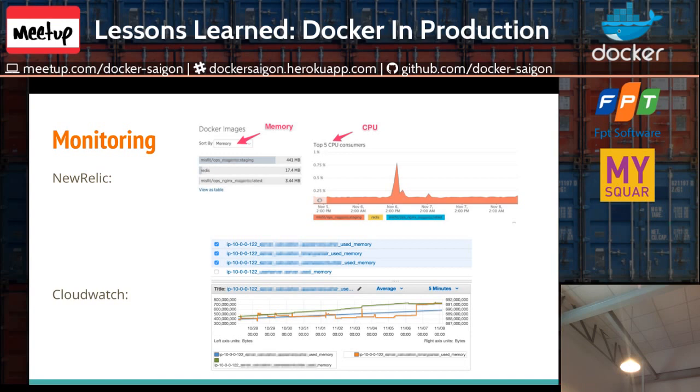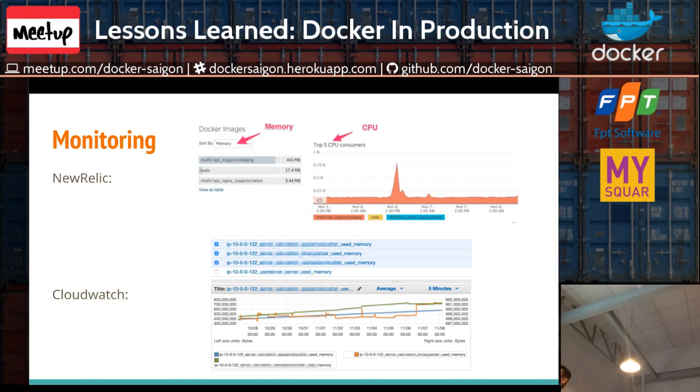In the beginning, New Relic didn't support Docker monitoring, and we used CloudWatch to monitor the CPU and memory of Docker. We wrote some batch scripts to send the metrics to CloudWatch.